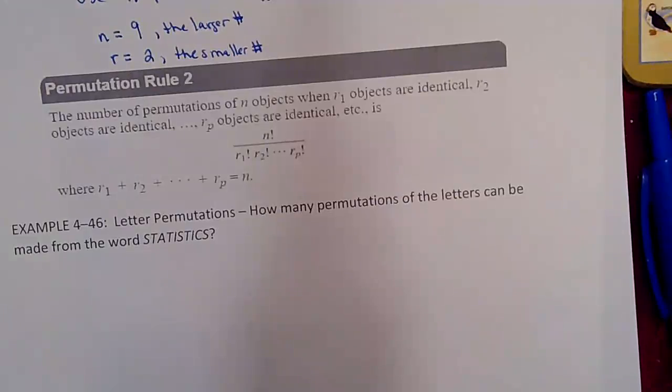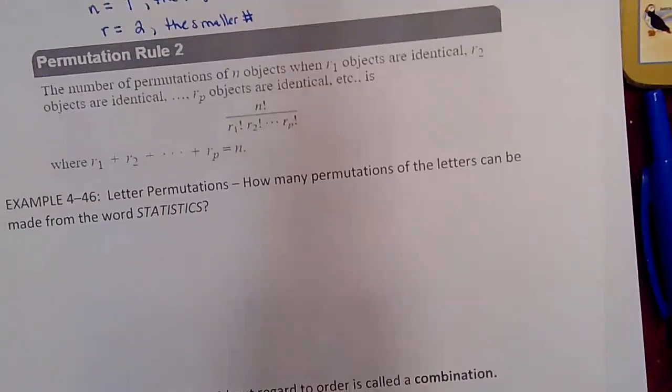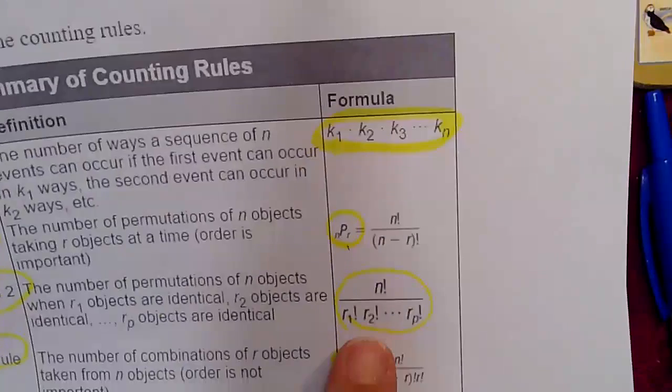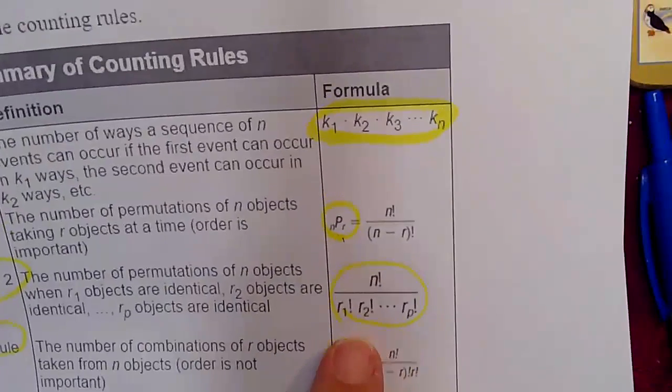Alrighty, class. So this is permutation rule number 2. That should be the same formula that's on the back sheet as well. This one just looks larger.